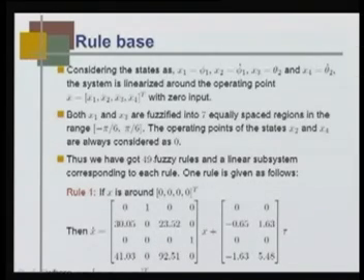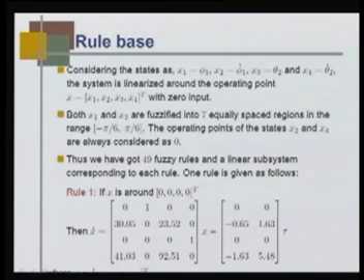We have 49 fuzzy rules because, while linearizing, we always make x 2 and x 4 equal to 0, so x 1 and x 3 vary, and each is fuzzy partitioned into 7 equally spaced regions. By doing that we have 49 rules.